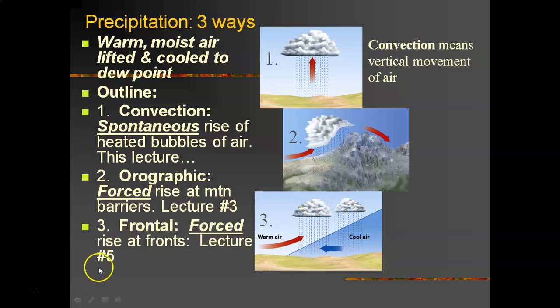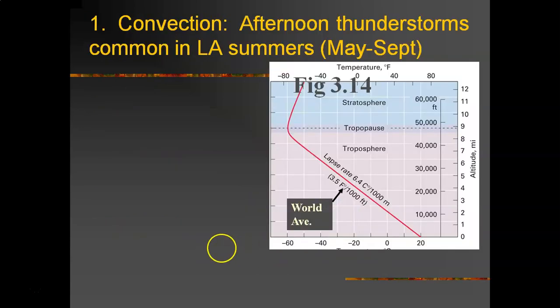And then eventually we'll get to frontal precipitation. Again, this is the forced rise of warm air at a frontal boundary, and this is a very common way for us to get precipitation in wintertime in Louisiana. So we'll eventually get to that. Well, let's do convection, the details of that.